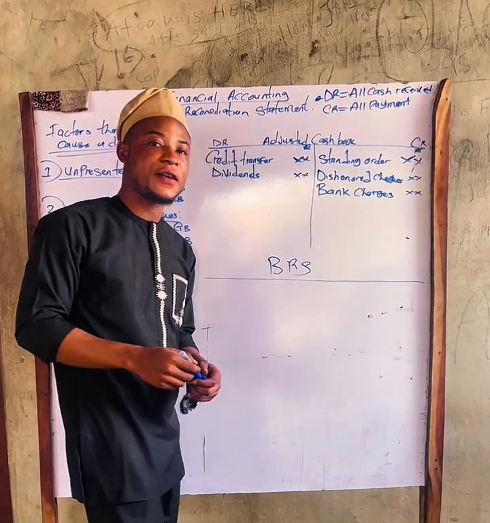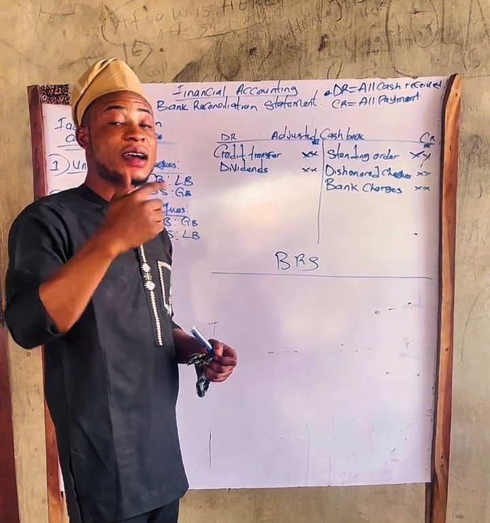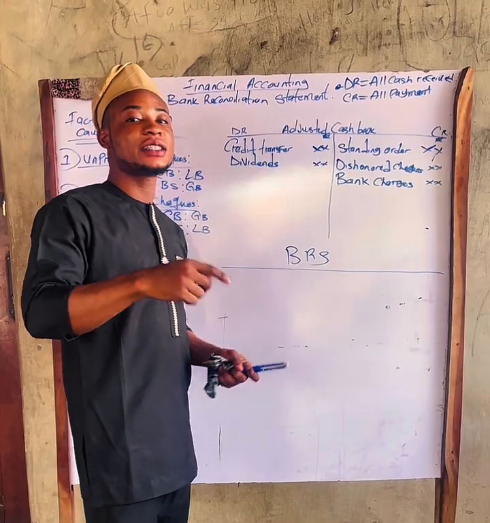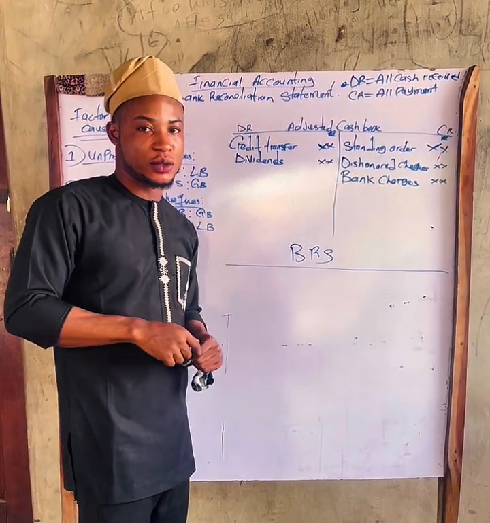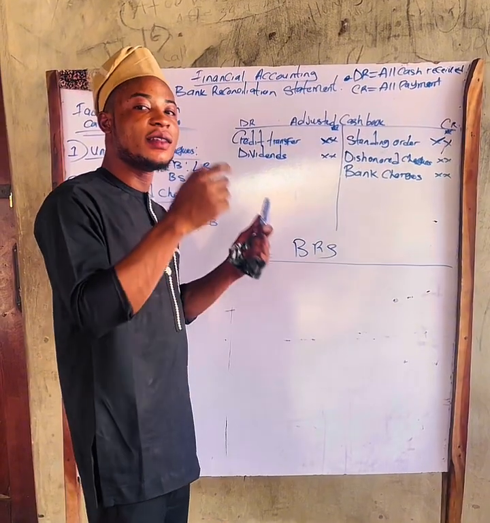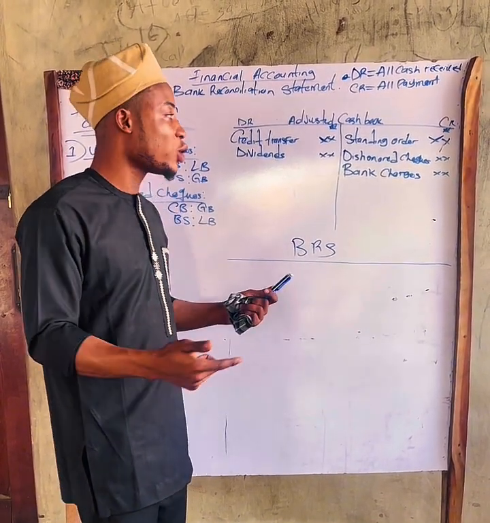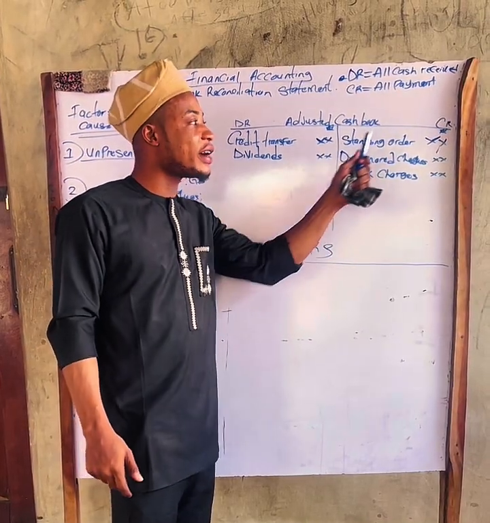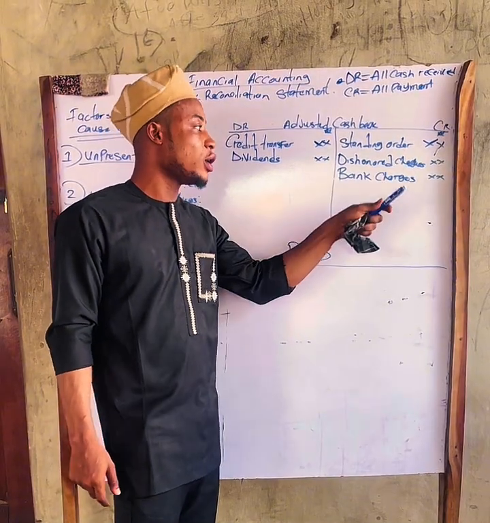All right. So the next one we can have here is also bank charges. Now bank charges are fees charged by the bank for services that they render. In this case, bank charges will be deducted directly from the customer's bank account, and in some cases the customer may not be informed or aware. So in that case, the bank charges will not reflect on the credit side of the cash book, because it's like you're making payments, money is going out, so it will not reflect.